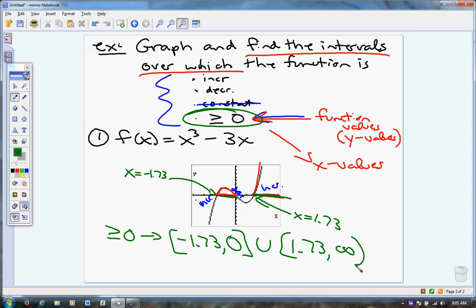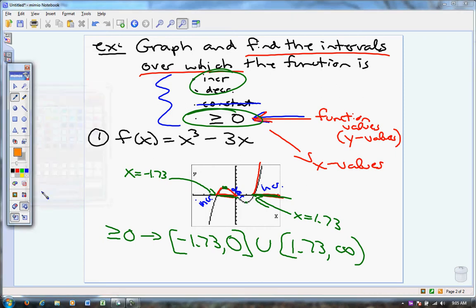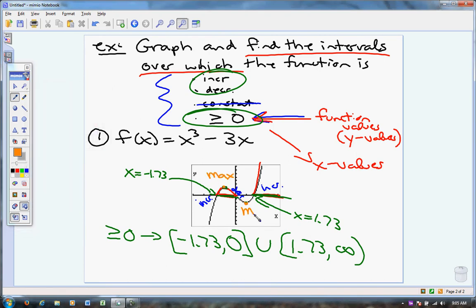For me to answer this increasing and decreasing question, I need to find these little points here where they change. Well, those points are called a maximum and a minimum. This little high point right here is called a maximum. This little low point right here is called a minimum.